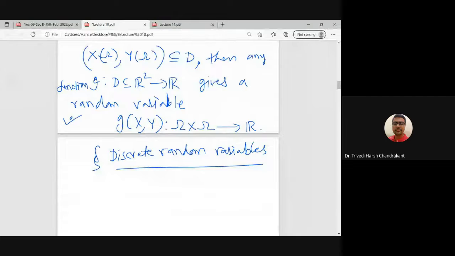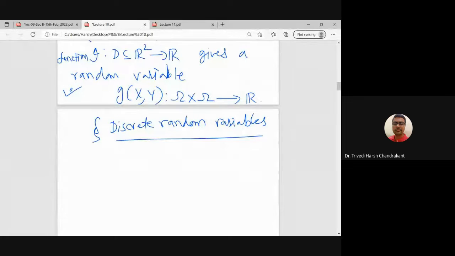So if the range of the random variable is finite or a countable set, then we can study several properties of such random variables. For example, probability mass function we can study, right? So therefore we are going to focus on discrete random variables.